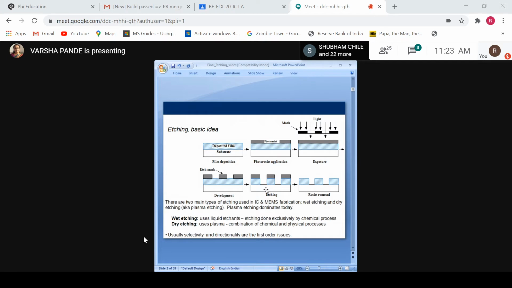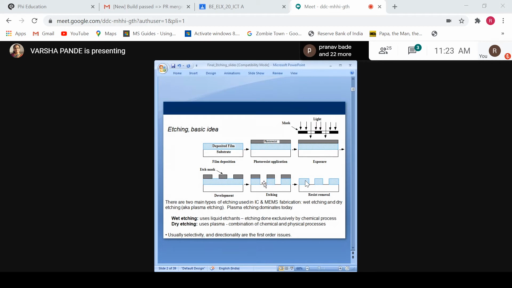Here, because no solution is used, it is only directional, but it will etch the required material as well as unrequired material, because in the plasma there is no selection of material. It will etch any material if we are using the plasma.